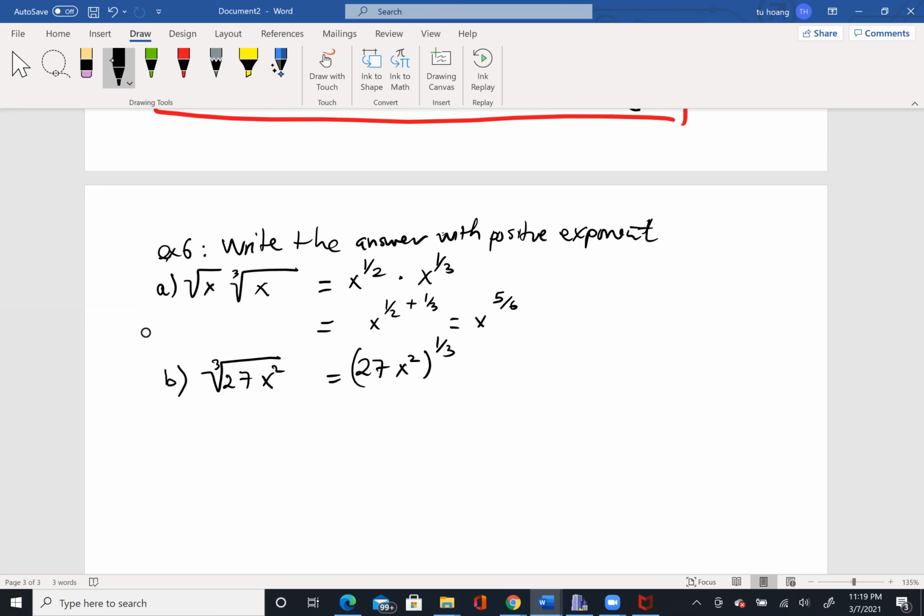And apply the power rule for the product. You're going to have 27 to the 1/3 times x squared, everything to power 1/3. This is called the power rule for product.